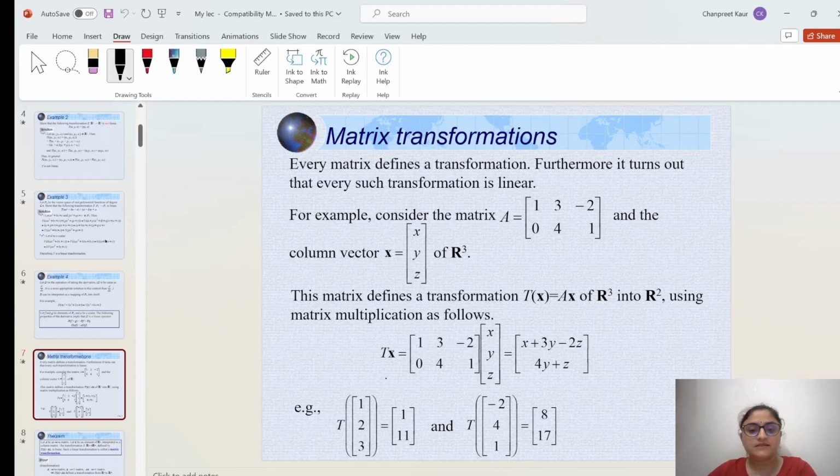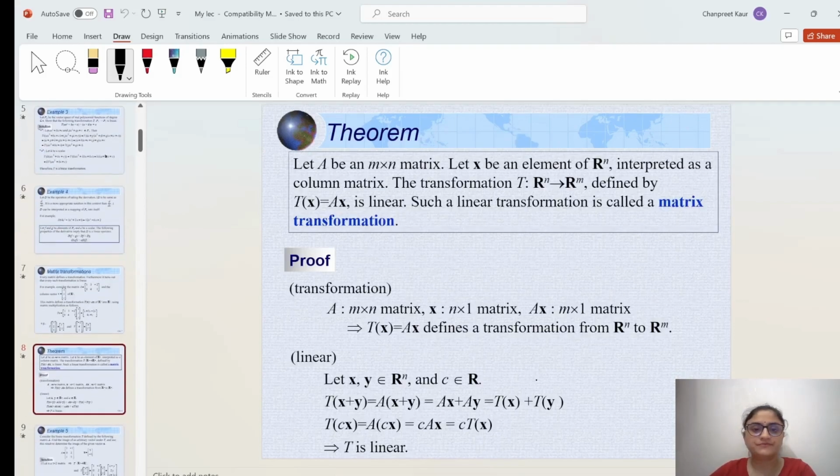So if I simply consider Tx, it is nothing but Ax. So simply multiply this 2 cross 3 matrix with this 3 cross 1 matrix, and we get this transformation. So this matrix actually represents a transformation where Tx is defined like this. It is a simple exercise to see that it is a linear transformation. So if A is an m cross n matrix and X is an element in Rn, interpreted as a column matrix, then if I take the transformation defined as Tx equals Ax, it will definitely be a linear transformation.